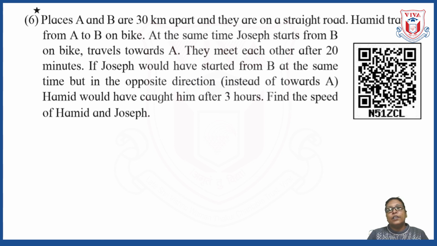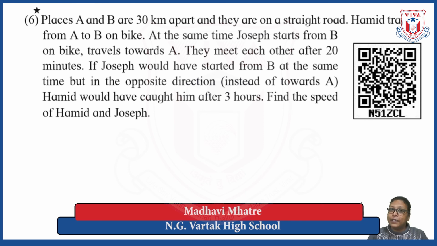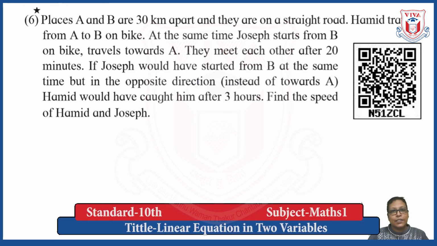And in the first statement, the distance is provided. So immediately you should understand that we have to make use of the formula distance is equal to speed into time. Why? Because we have to find their speeds and time is given and also distance is given. So let us try to understand both the cases.